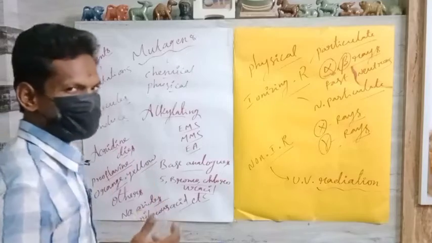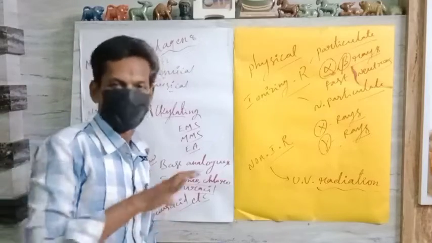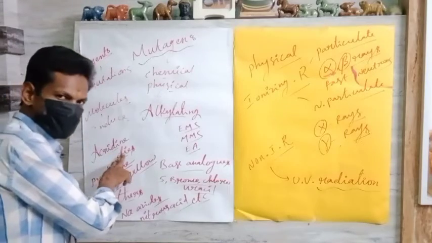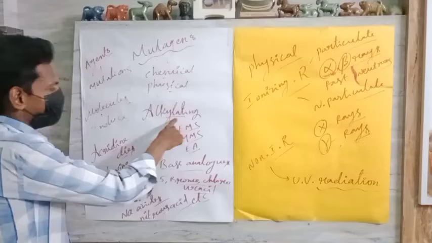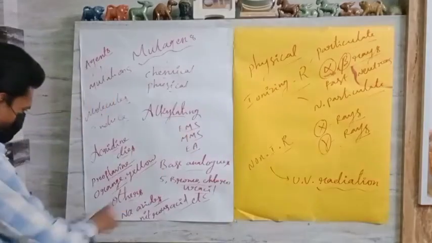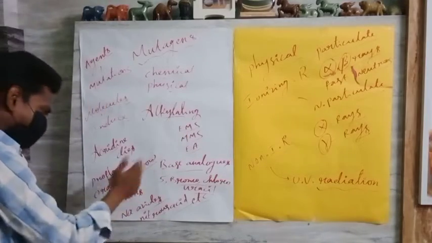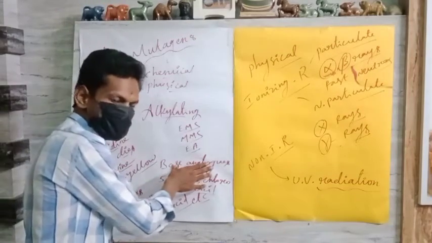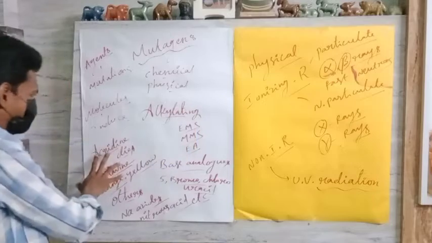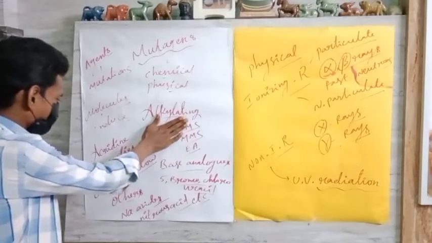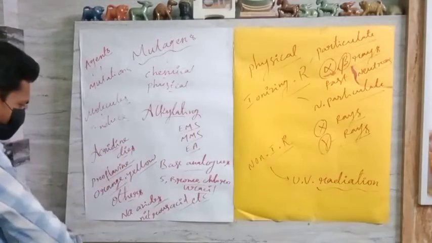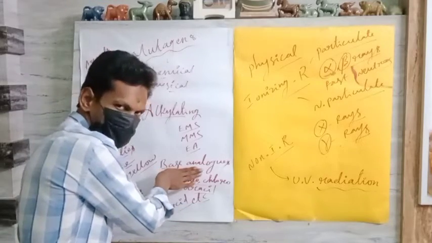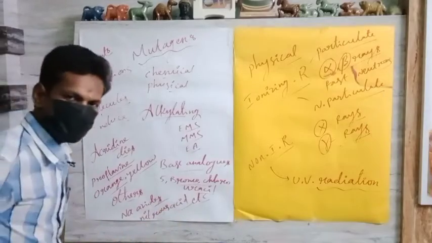These chemical mutagens are again broadly categorized or classified under acrylic dyes, alkylating mutagens, and other mutagens and base analogues. So these are the 4 categories: alkylating, acrylic dyes, others, base analogues. One by one we shall go through.